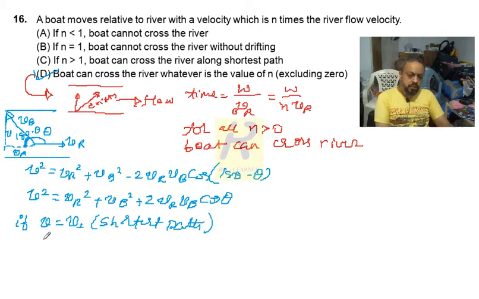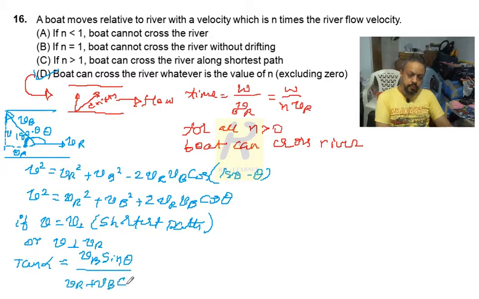So v is perpendicular to vr. In this situation, tan alpha is equal to vb sin theta divided by vr plus vb cos theta.